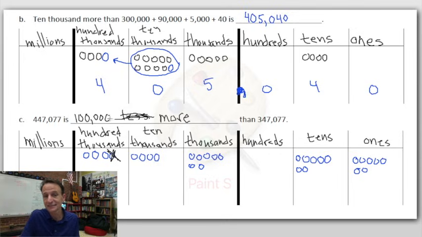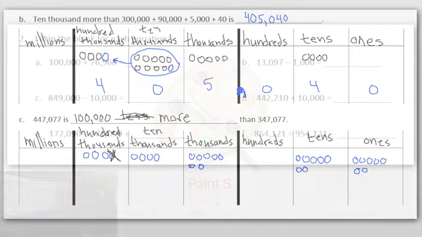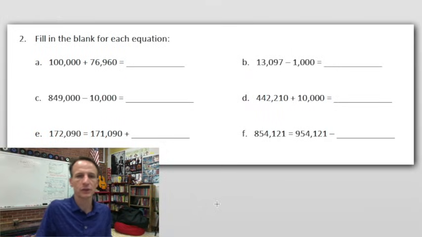Say, it's less than. Oh no, it's not. Even though we're subtracting, we're saying this number is more than that one. So you can't go on automatic here and just say, I'm subtracting, so I'm automatically going to write less than. I'm adding, so I'm automatically going to write more than. You have to look at it and say, does my answer make sense? Excellent work. So 1, A, B, C, done. Let's move on. And on to number 2.